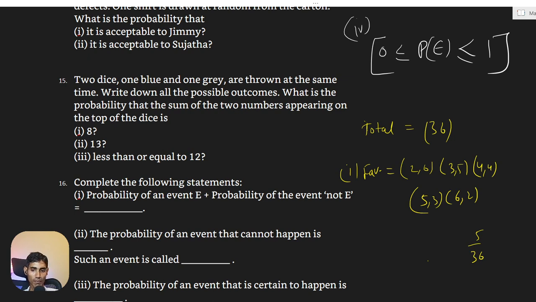It will be 0 by 36. Yes, it is 0. The sum can't be greater than 12. Maximum is 12.